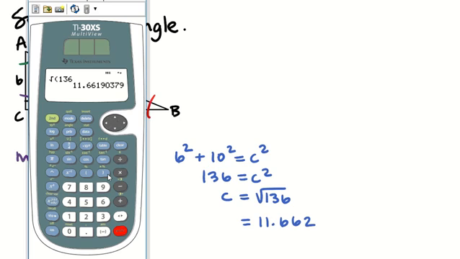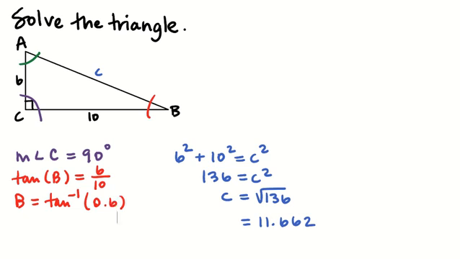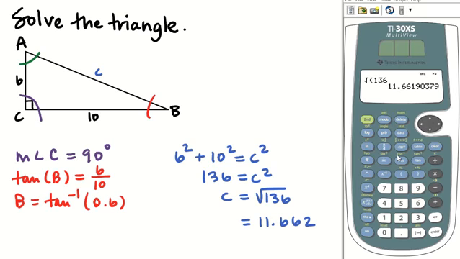Now, to find the measure of angles B and A, I'm going to need to use inverse trig. Okay, well, I'll start with B. I know that tangent of B is equal to opposite over adjacent, meaning that B is inverse tangent of 6 divided by 10, which is 0.6. So I will bring in the calculator, and I will run inverse tangent of 0.6.